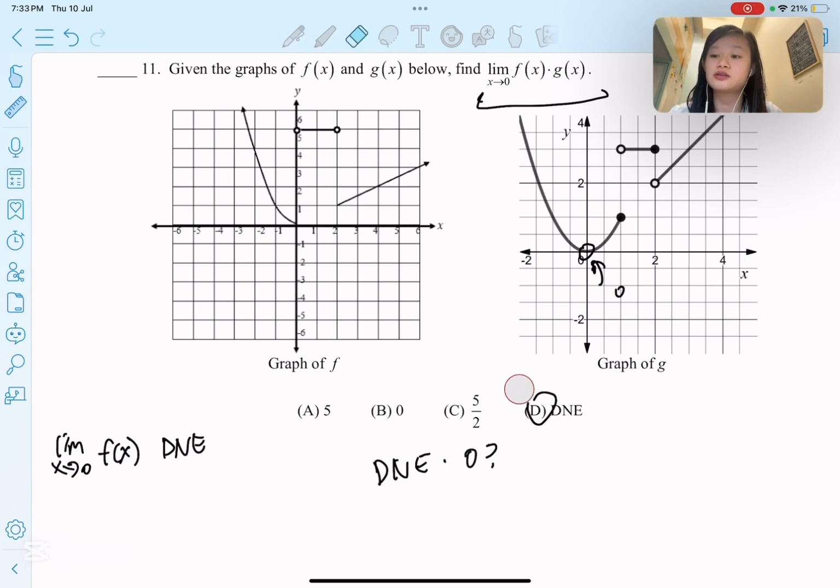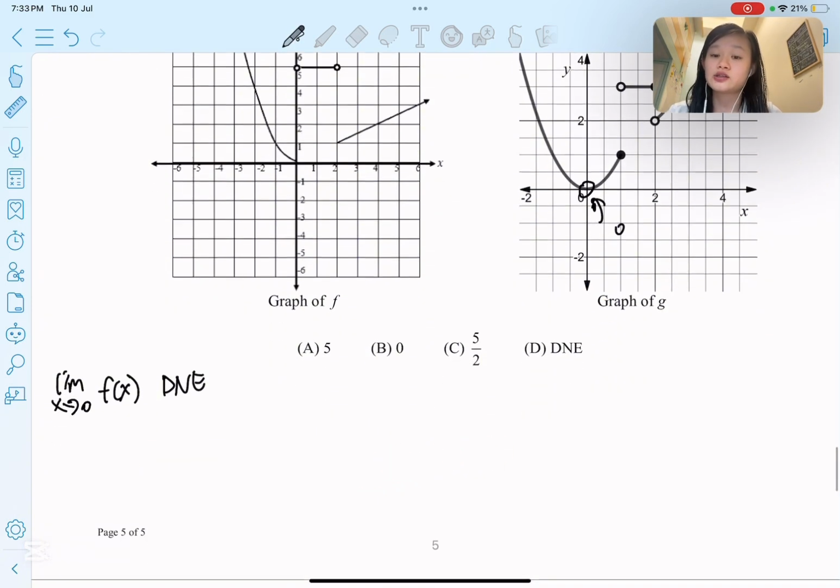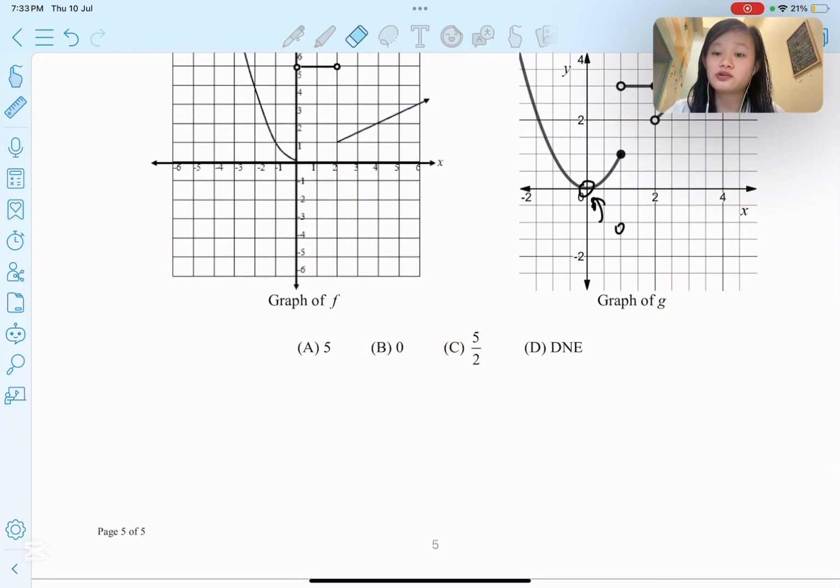If you come across something like this, you have to look at both sides. So how do we do that? Let's erase that first. We have to do limit as x approaches 0 from the left of f of x, and then multiply by limit as x approaches 0 from the left of g of x. Left, so consistent. Okay, so this is 0 times 0. This is 0.